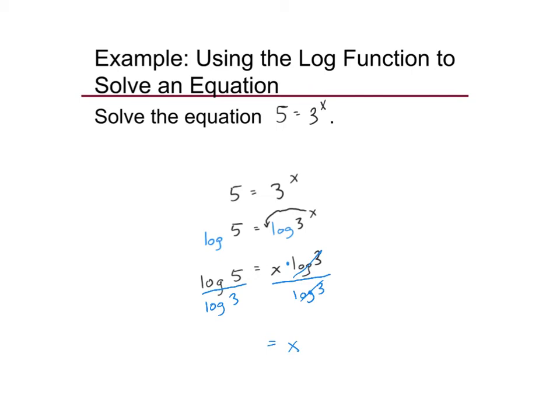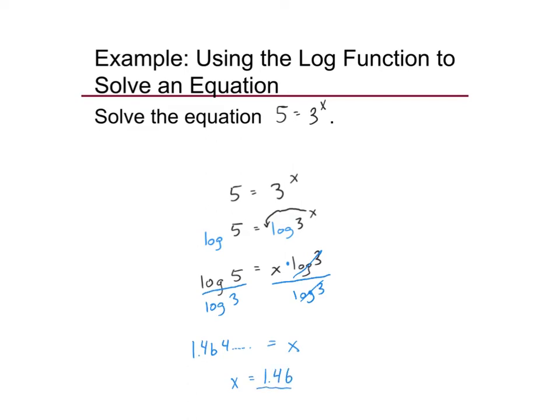So I'm going to type in the log of 5, close that parentheses, and then divide by the log of 3, and close that parentheses. Okay, and when I hit enter, I get 1.464, and then some more numbers. So I'm going to round that to x is equal to 1.46.